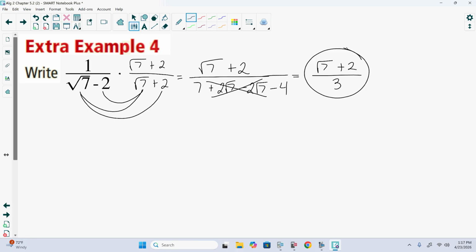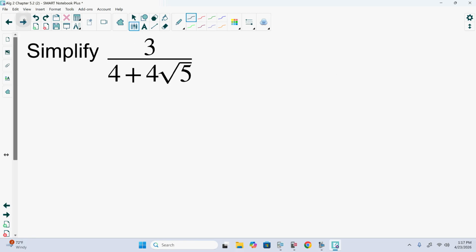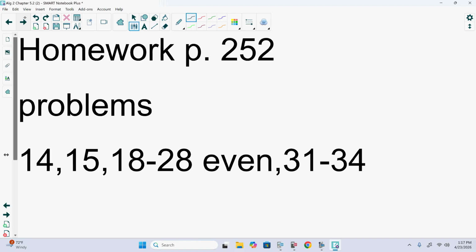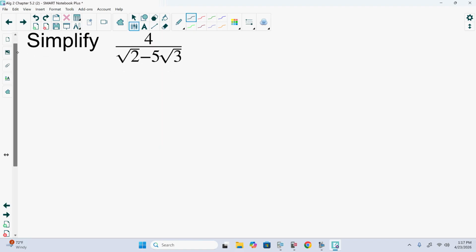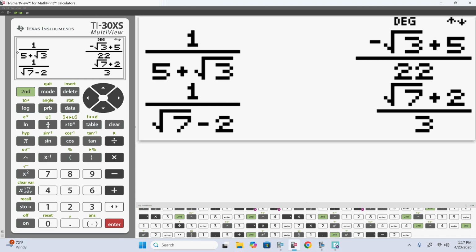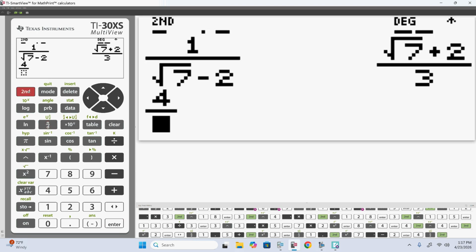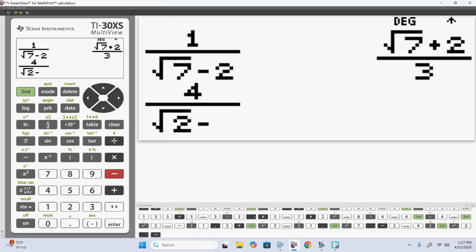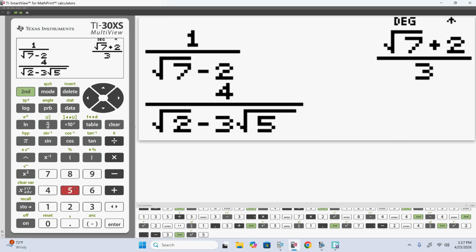Questions? Four minus the square root of 2, 4 over square root of 2 minus 3 square roots of 5. 5 square roots of 3. 2 radicals, there's no way.